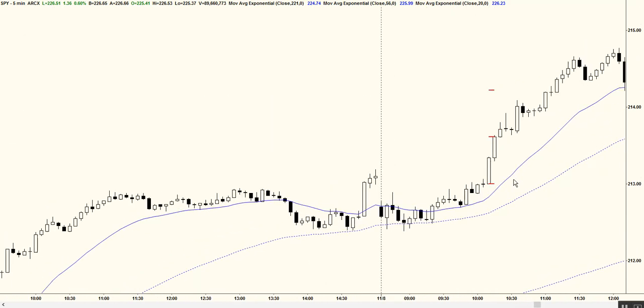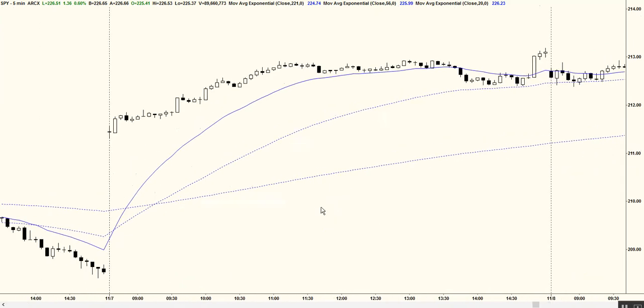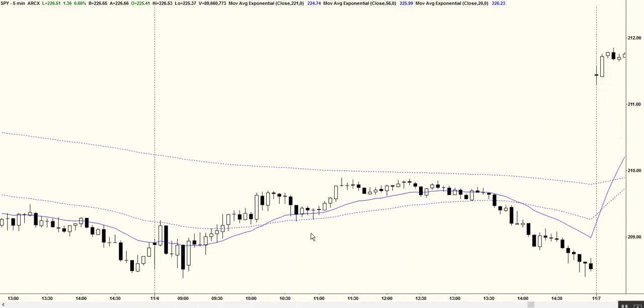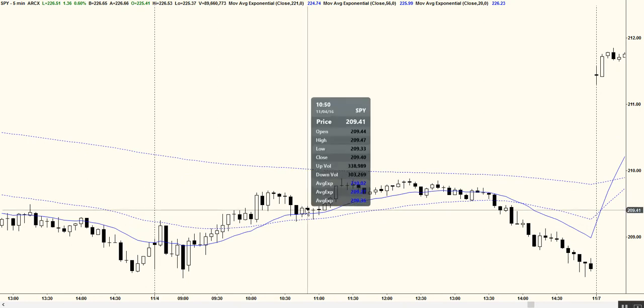doing what a lot of people do when they're starting out. I've done it. I'm sure everyone's done it at one time or another. You buy the breakout and use the wrong stop. Let me find an example. Really none of it here, maybe. That's kind of one.